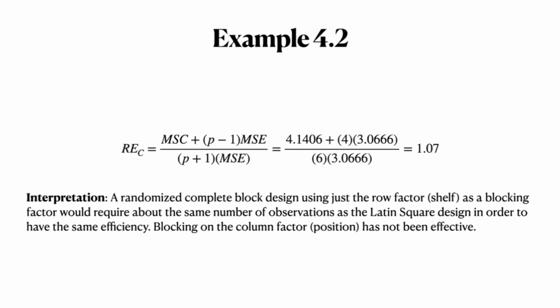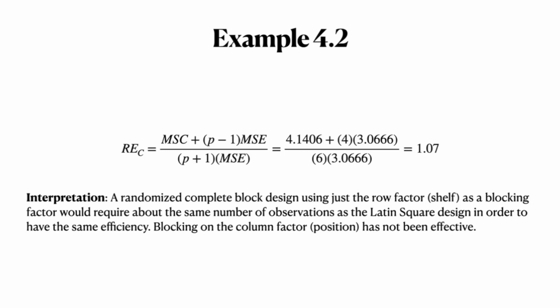And then finally, we want to evaluate the effectiveness of the column blocking factor, the position on the shelf from front to back. We do this by comparing the efficiency of the Latin square design to a randomized complete block design in which the row blocking factor, the shelf, is being used as a blocking factor, and we are excluding the column blocking factor.